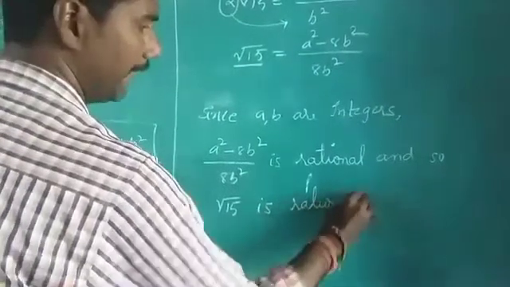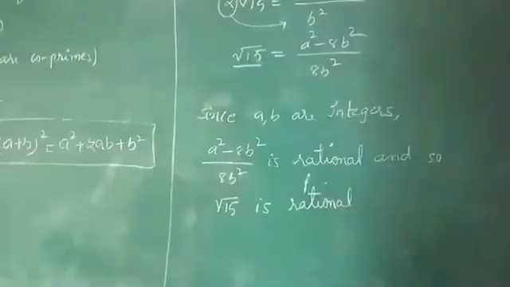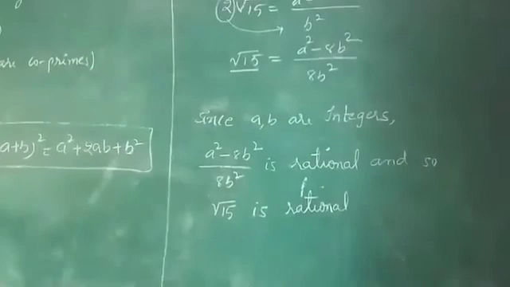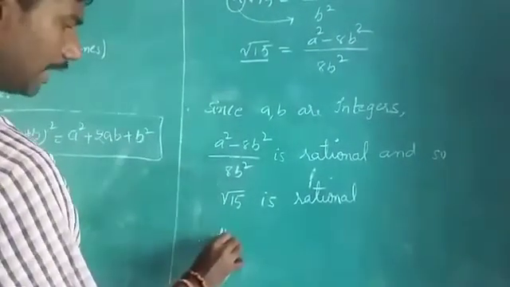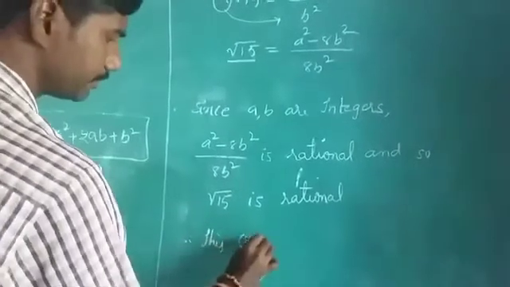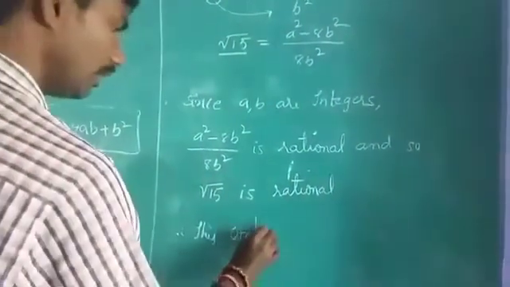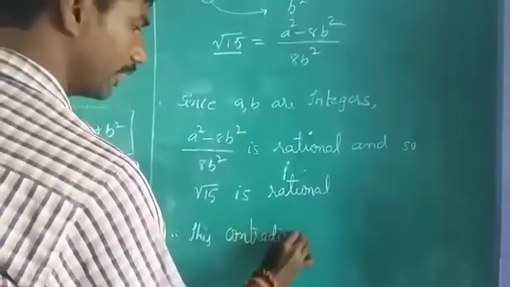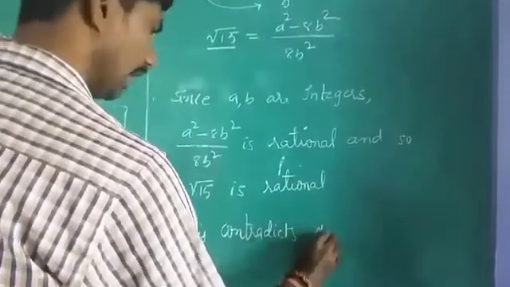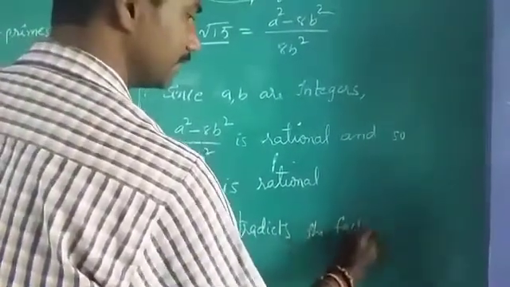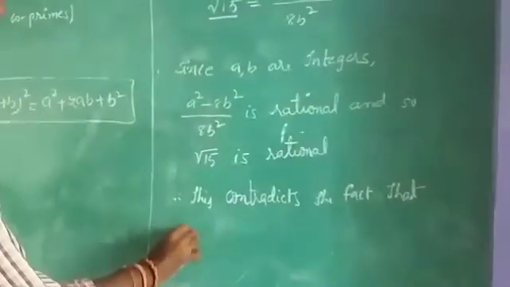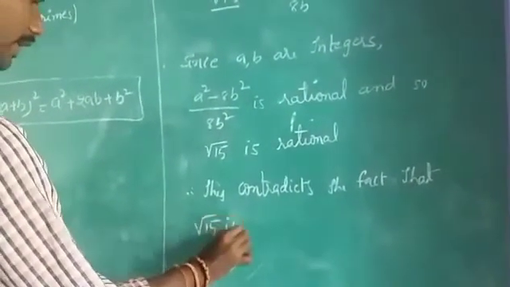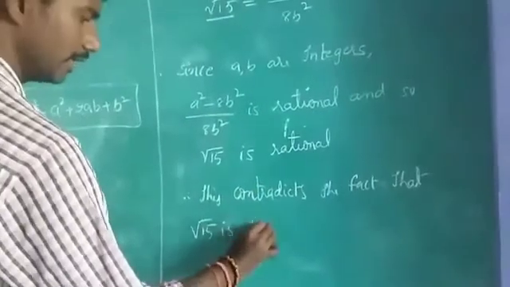rational. But we know that this contradicts the fact that root 15 is irrational.